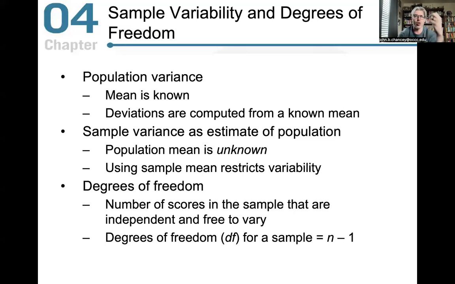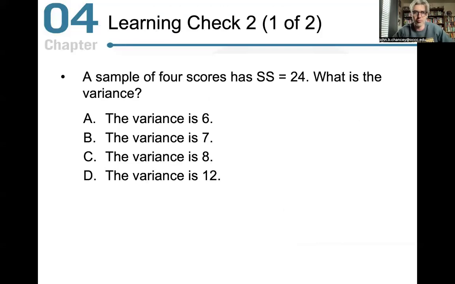This is when we start taking into account what are called degrees of freedom, the number of scores in the sample that are independent or free to vary. We will come back and talk about degrees of freedom later on in subsequent chapters. But this is where we take into account possible bias by subtracting 1 from that total number. That's why you do that in our sample versus our population. We want to take into account those degrees of freedom.